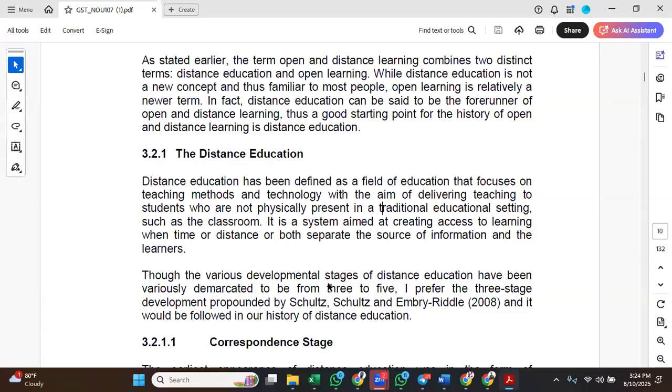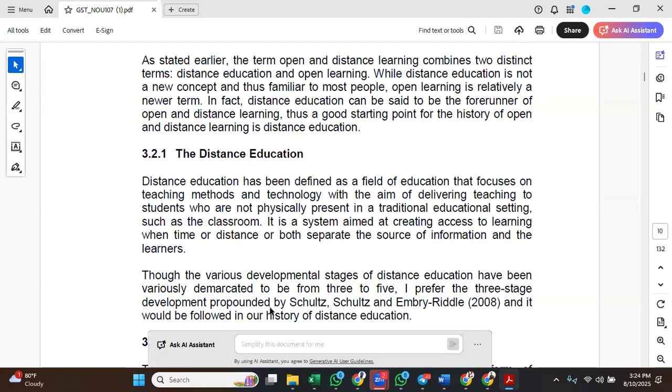Now, though the various developmental stages of distance education have been variously demarcated to be from 3 to 5, I prefer the 3-stage development propounded by Schultz and Embry-Riddle, 2008.